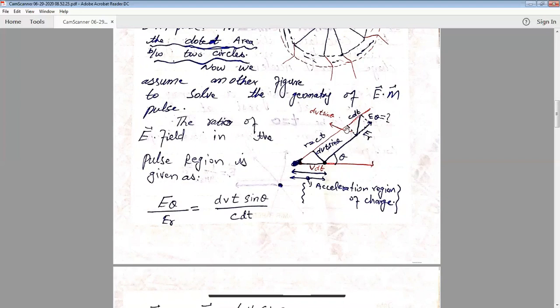To find the electric field, we assume that the ratio between the electric field at the angle of the pulse and the radial electric field is given as delta v t sine theta over c delta t, where c is the speed of light.